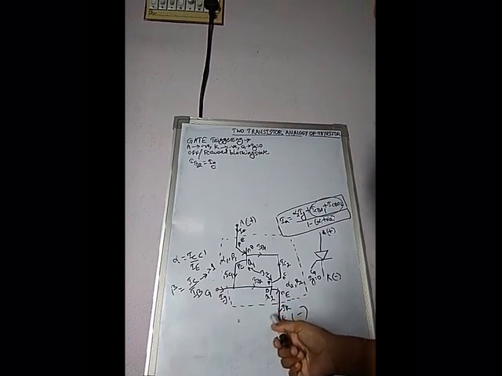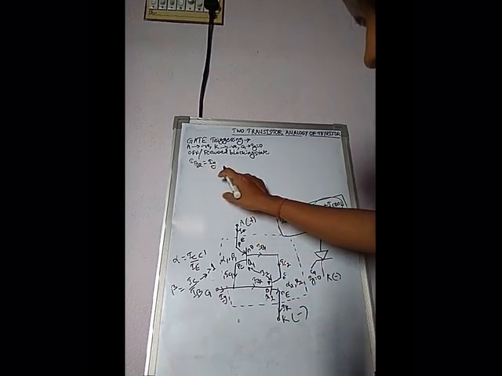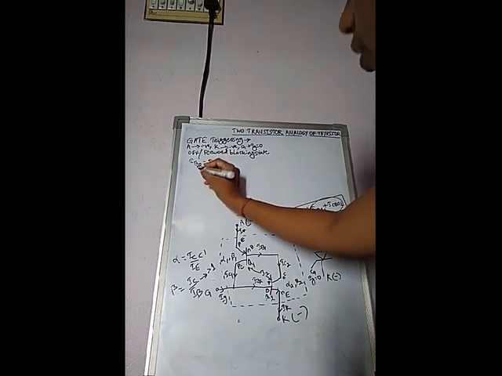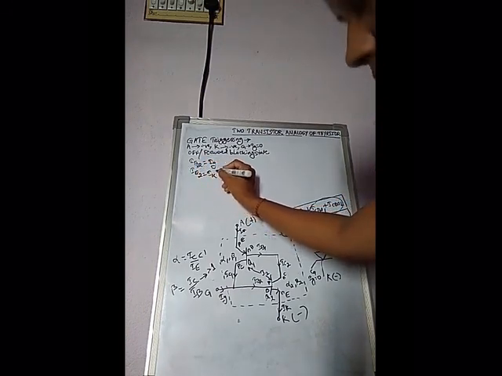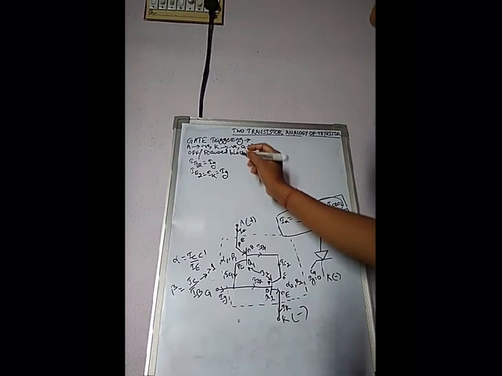So IB2 is equal to Ig, and IE2 is equal to IK is equal to Ig. Base current is Ig, emitter current is also Ig for transistor Q2.